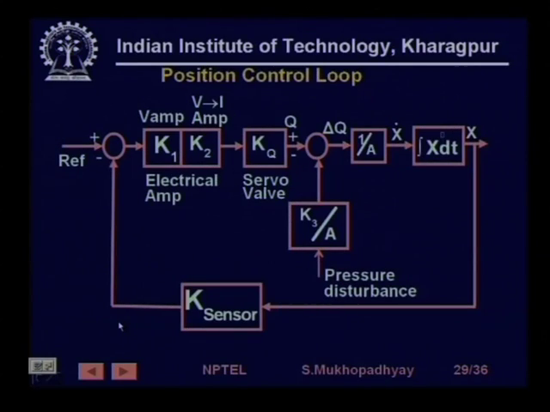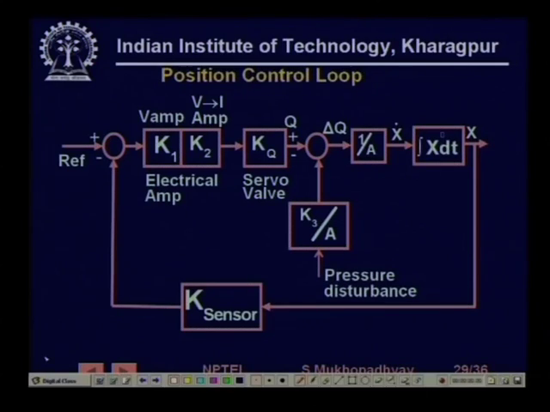This is a block diagram arrangement of the valve and that loop. You see that these are the electrical circuit gains. This is the sensor gain. This is the valve gain, and this is current.